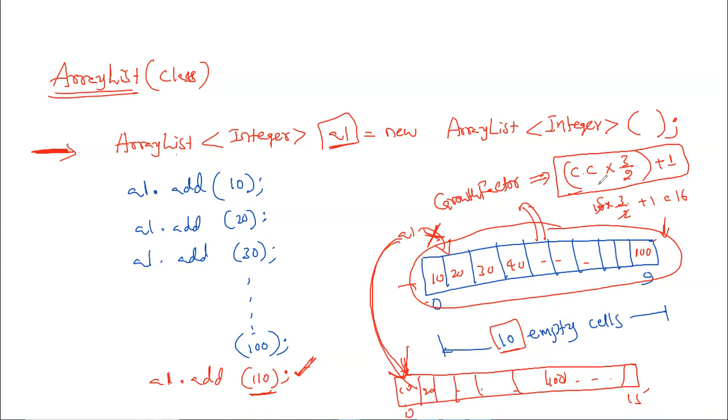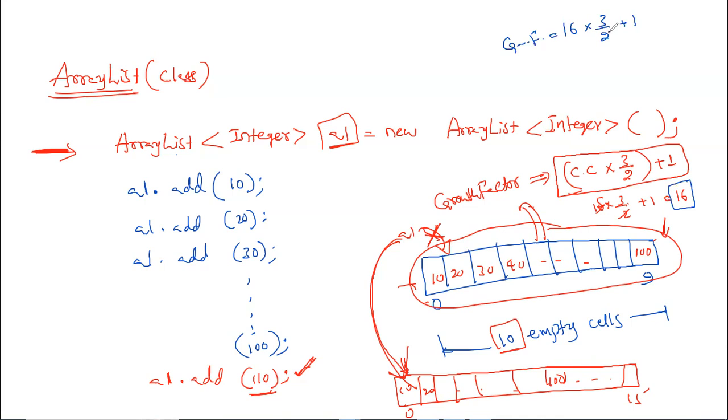What will be the next size? For example, if you are adding the 16th element and then the 17th element to be added, what will happen? All of you, what's the current capacity? Current capacity is 16. What's the formula? 3 by 2 plus 1. How much? This is again the growth factor.